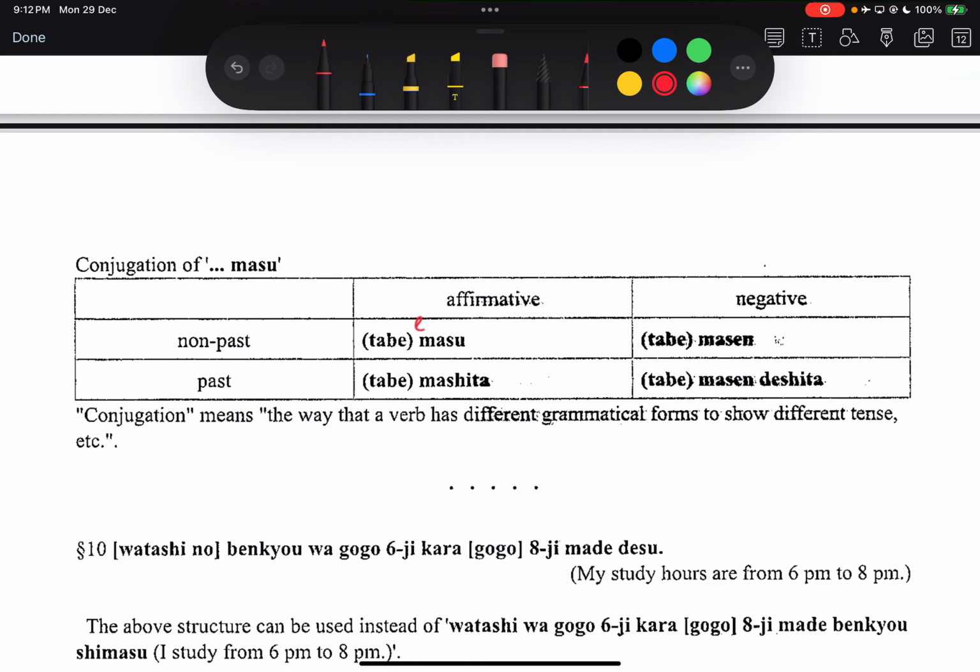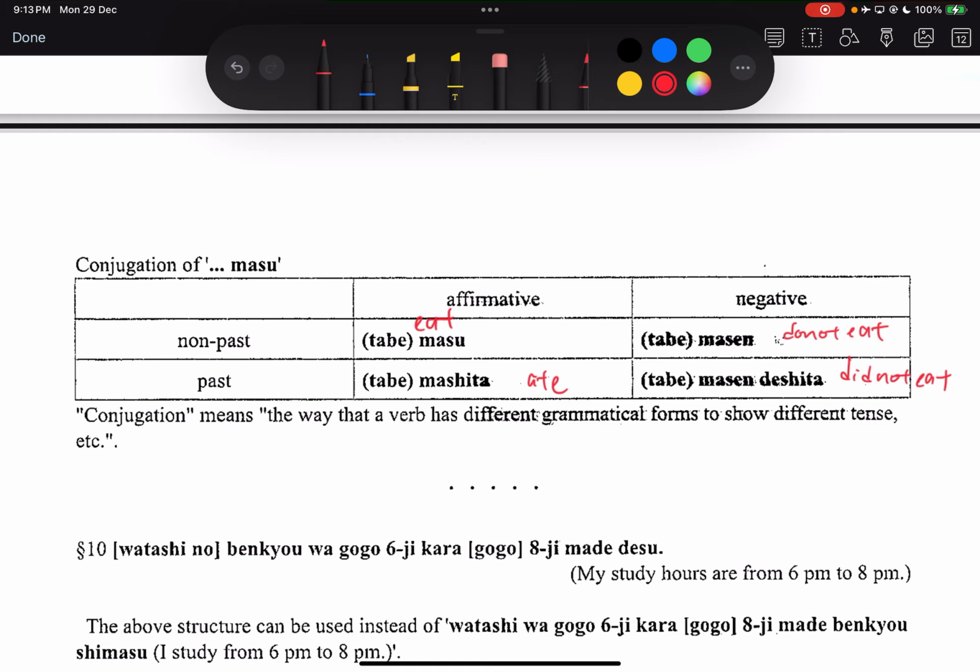So past tense of eat is ate. So ate is tabemashita. Then negative of eat is do not eat. Then past tense of do not eat will be did not eat. Easy? The form just changes. Change to masen, change to mashita. Then if it's negative and past tense, then masen deshita.